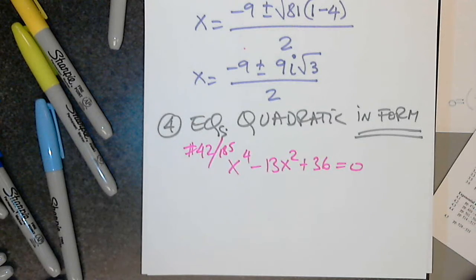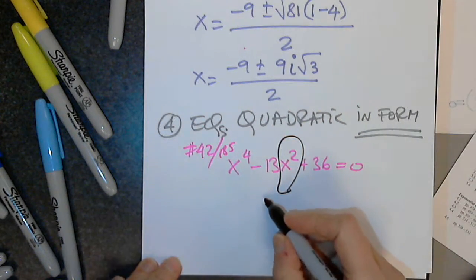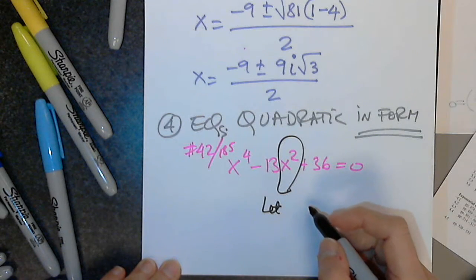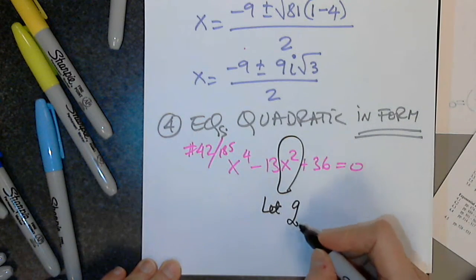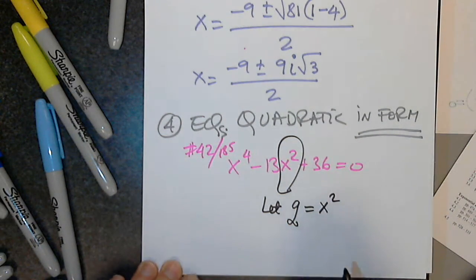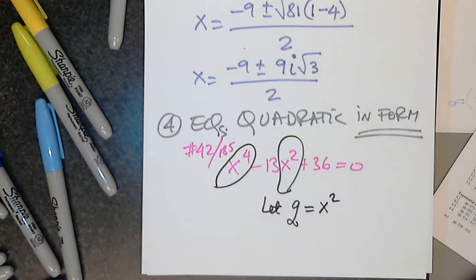Perfect. I don't know how to factor this. It's power 4, degree 4. But I'm looking at x squared, and I'm looking at x to the fourth, and I say, oh, what if I denote, or say, give me a letter, not x. Q. Okay. Let q be x squared. This will work as long as this, what do you think it should be?